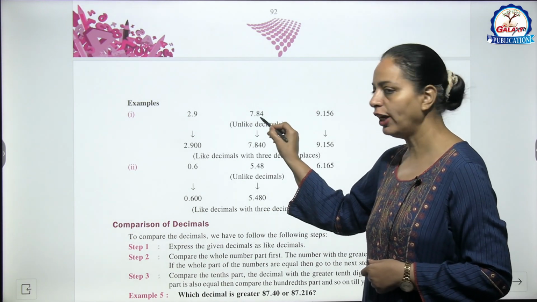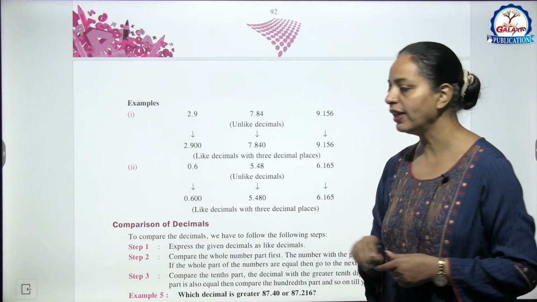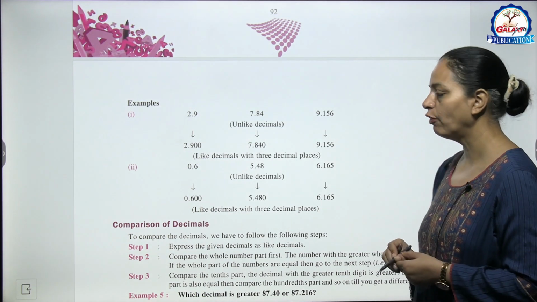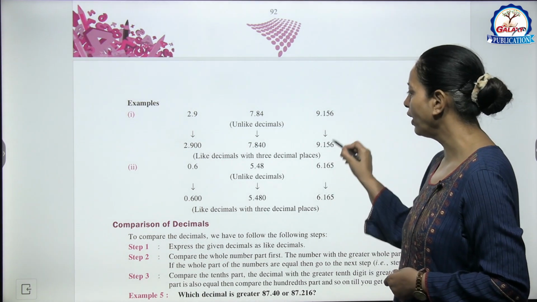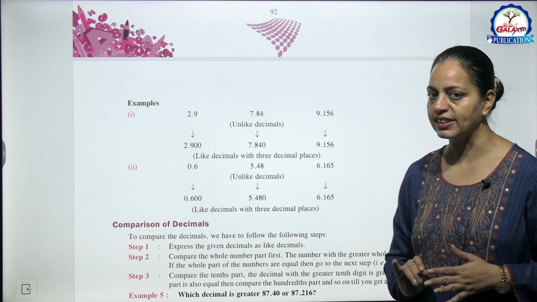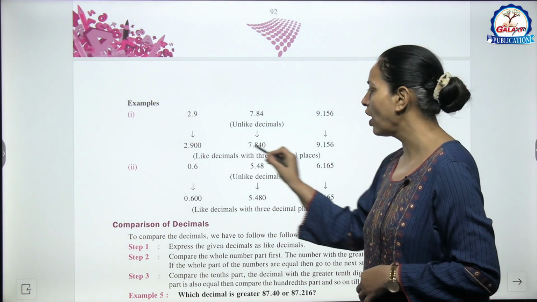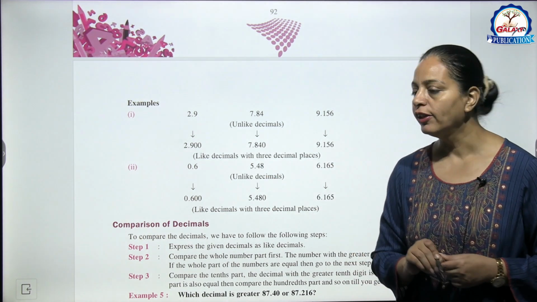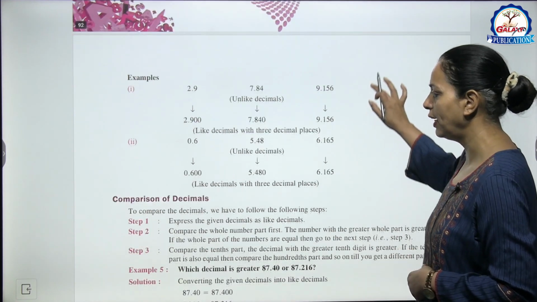This is 7.84, एक जीरो ऐड कर देंगे, it becomes 7.840. This one 9.156 as it is, right? So these all are like decimals with 3 decimal places.